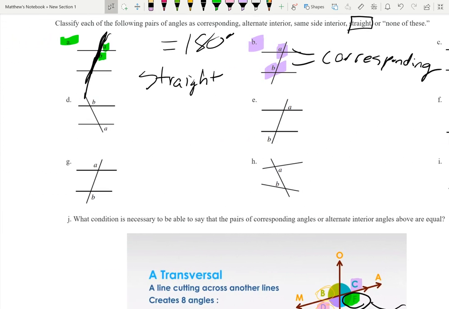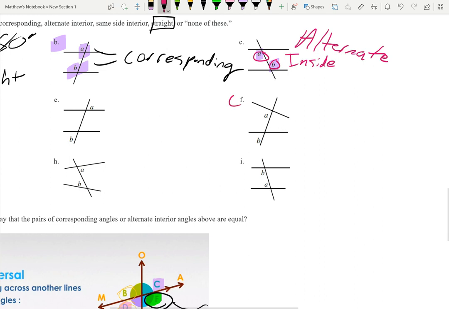Then you're going to answer for D and E, and as you approach problems like F and H, you're going to see that these lines here going across are a little different, and if you were to keep drawing them, they would actually have a point of intersection, meaning that they are not parallel.